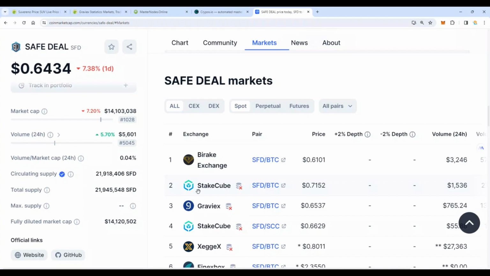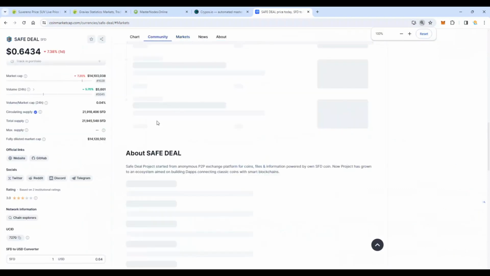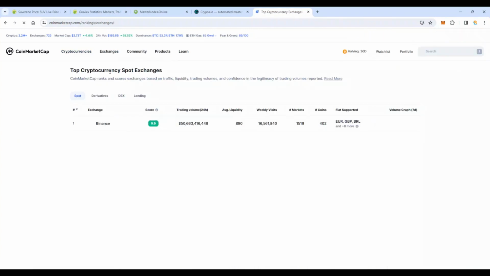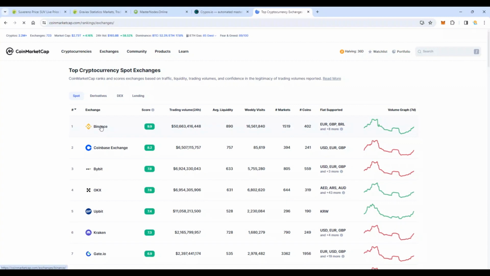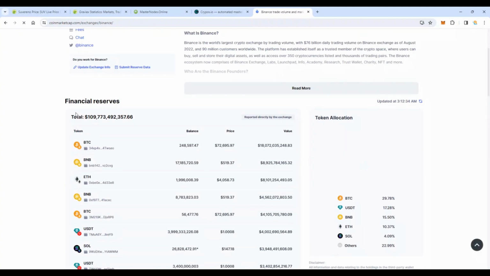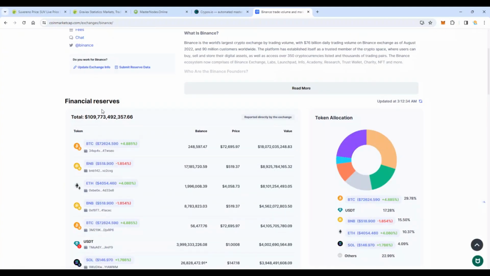What do I mean? Take, for example, Binance. Let me go to Binance and show you. If you go to exchanges and you go to spot, when you click on Binance, they have what we call proof of reserve. You can see here financial reserves, and Binance has $109 billion in reserve.